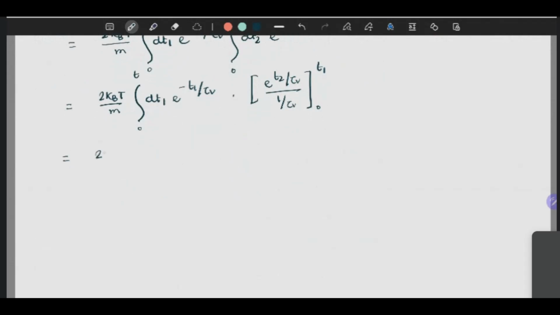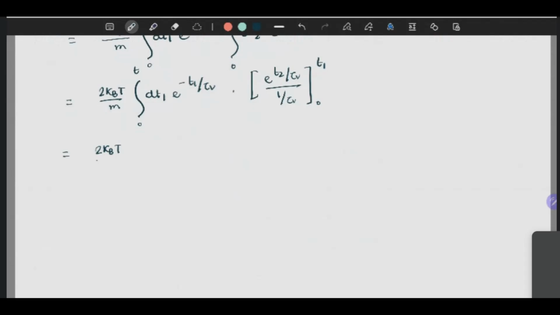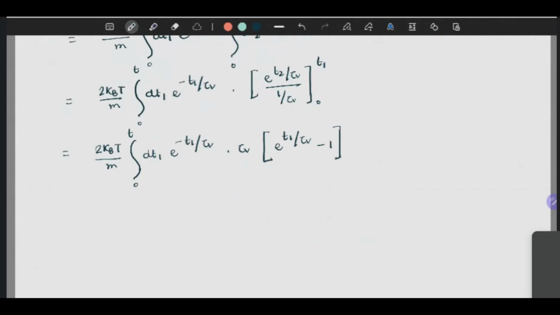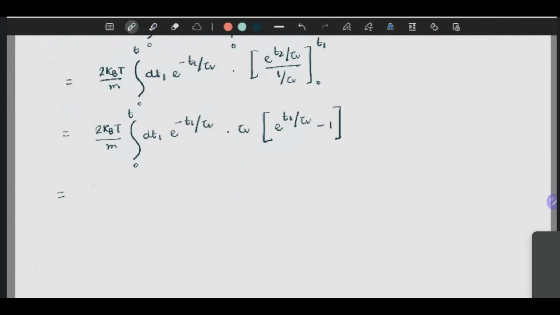Okay, so this becomes 2 k_B T by m integral 0 to t dt1 e to the power minus t1 by tau_v into tau_v into (e to the power t1 by tau_v minus 1). Okay, so now it becomes 2 k_B T tau_v by m into integral 0 to t dt1.